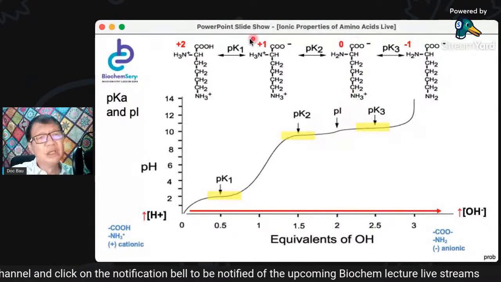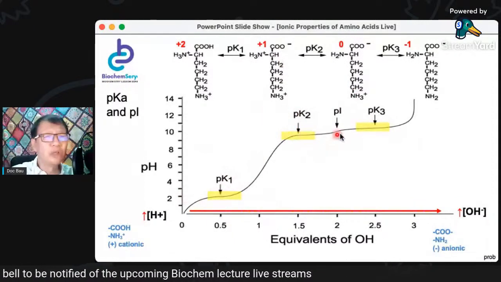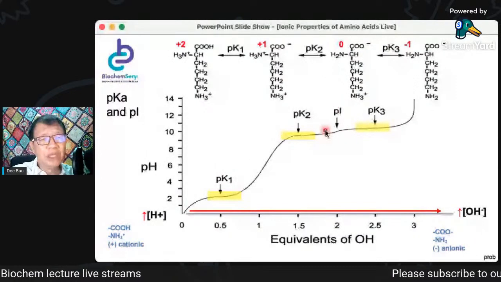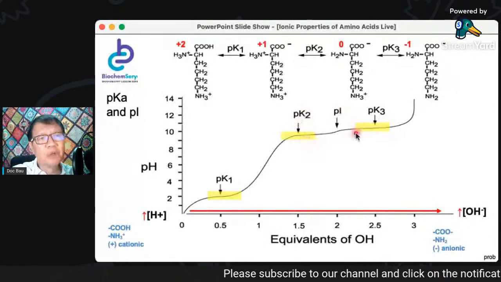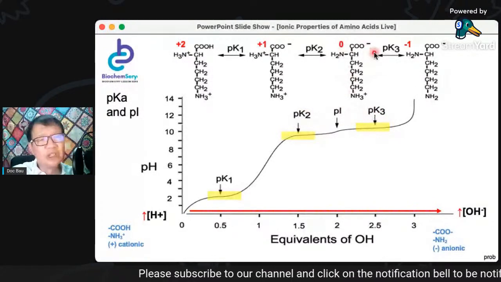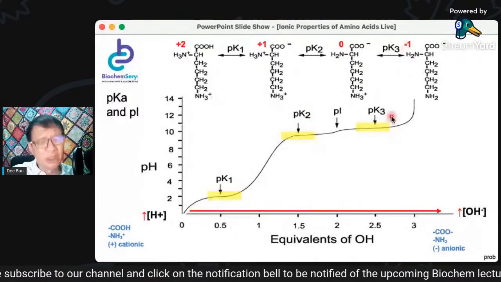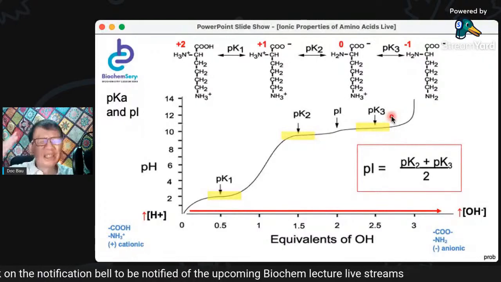The pI now is not the average of your pK1 and pK2, because it makes sense. Again, the pI, or the isoelectric pH, is the mean of the pKa values on both sides of your zwitterion, on both sides of your zwitterion, your +1 and your -1. And for basic amino acids, just remember, the pH is high.